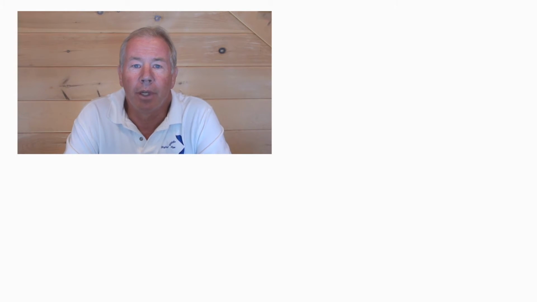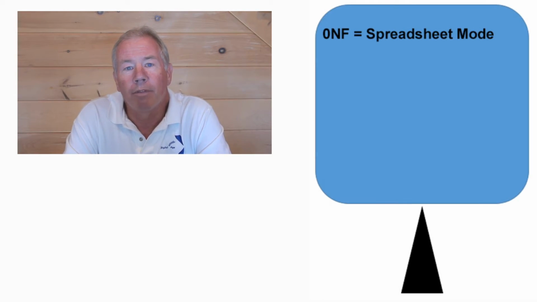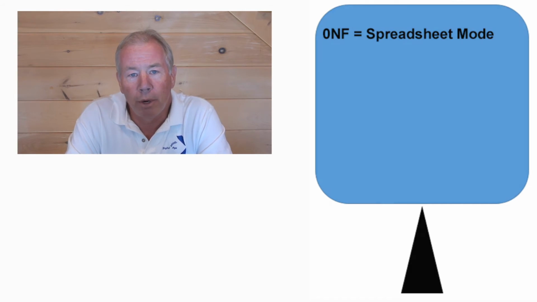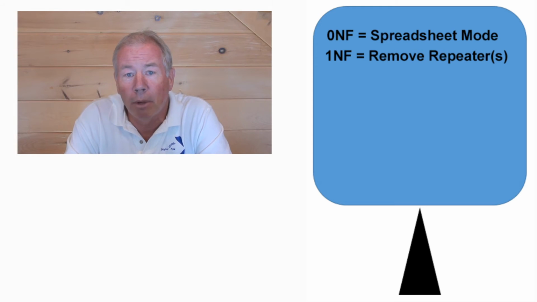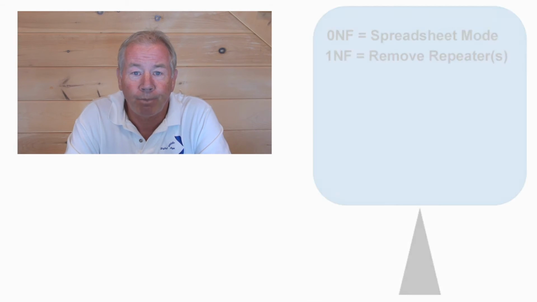All right, a little quick summary before we wrap this thing up. We went from 0NF, or spreadsheet mode, through first normal form by removing the repeating fields. How did we do that? We made a new table with the repeating attributes, with a compound primary key made up of the primary key of the parent non-repeaters and the unique identifier for the repeaters.